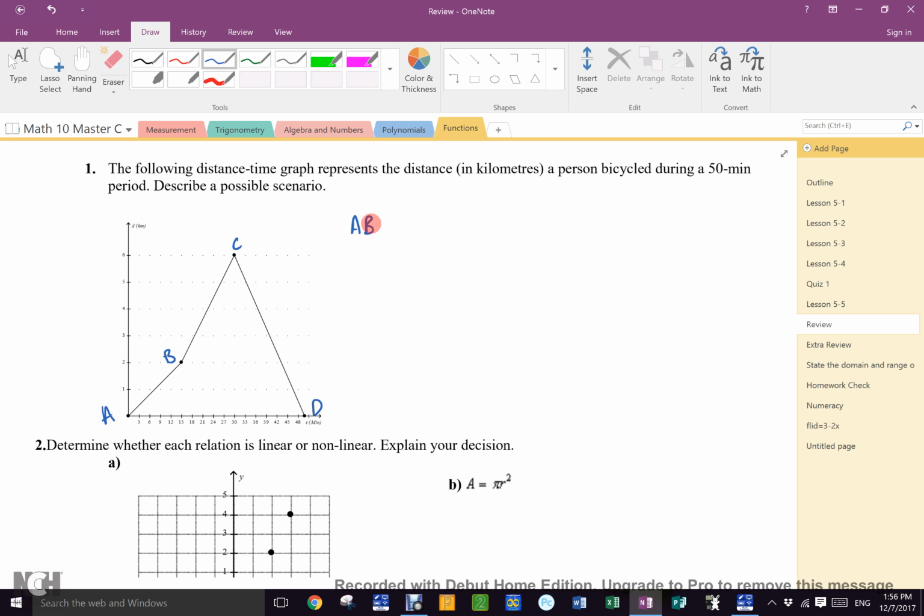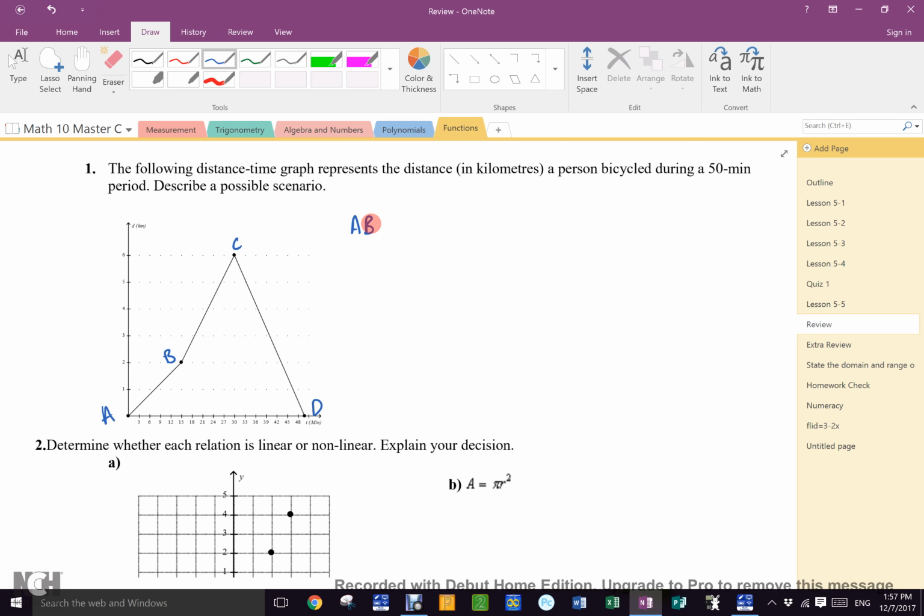How could he make it a 4? At a constant speed. Constant speed. What else could he do? What direction was he going? He rode his bike up a mountain. Away from home, right? Okay, and he rode 2 kilometers in 15 minutes.